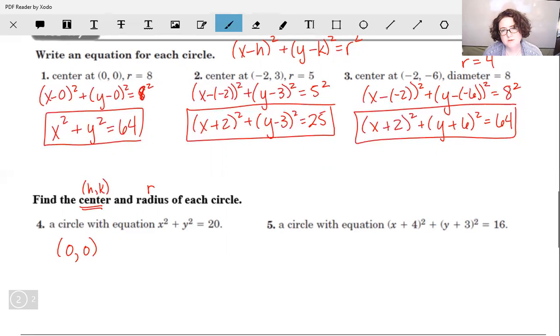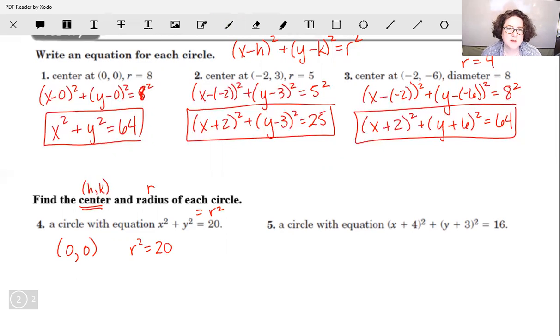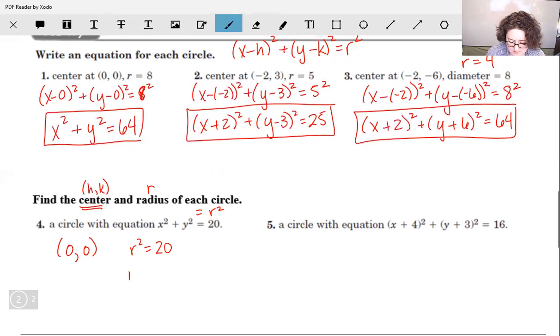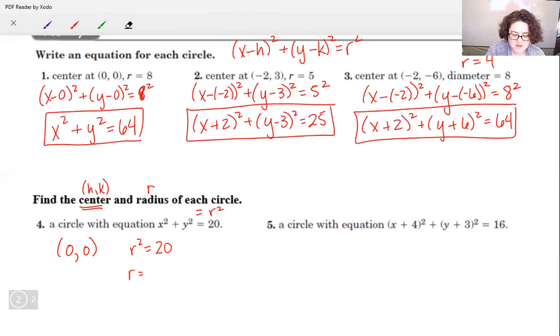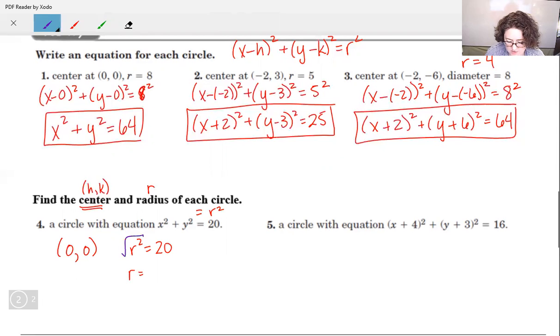Now your radius squared, keep in mind our generic formula, we're always going to have equals radius squared, and that's set equal to 20. So I need to do a little bit of thinking here. If r squared equals 20, well then how can I figure out what just the plain r is? What do I have to get rid of? Actually I need to take the square root of both sides. So that's going to leave me with the square root of 20.